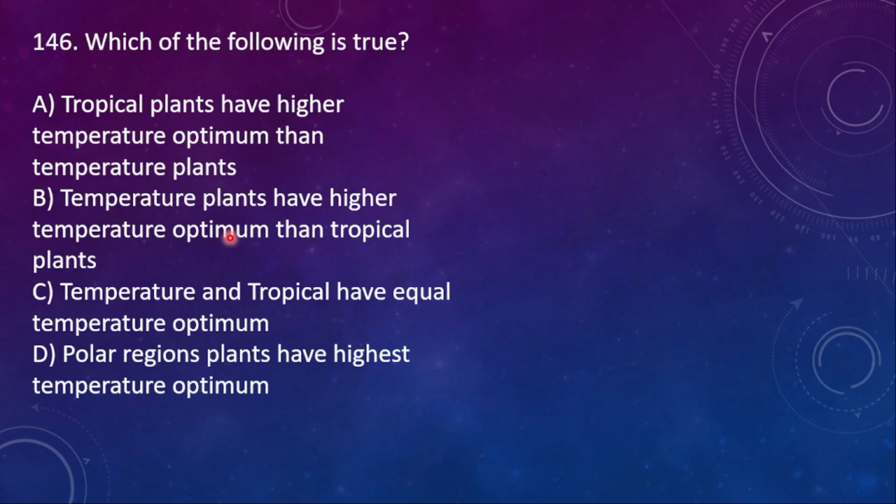A. Tropical plants have higher temperature optimum than temperate plants. B. Temperate plants have higher temperature optimum than tropical plants. C. Temperate and tropical have equal temperature optimum. D. Polar region plants have the highest temperature optimum. Here the right option is option A.